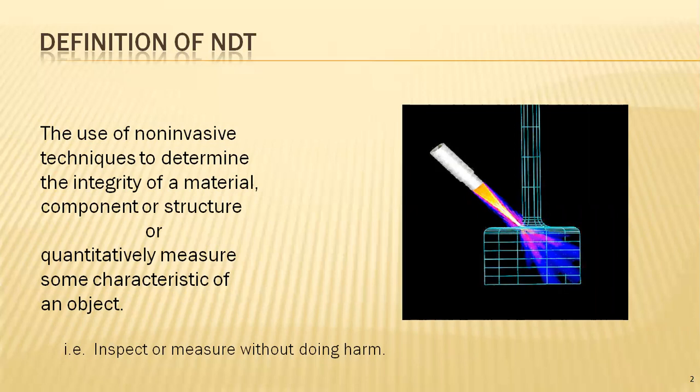By these points, we can define non-destructive testing as follows: the use of non-invasive techniques to determine the integrity of a material, component, or structure, or quantitatively measure some characteristics of an object.